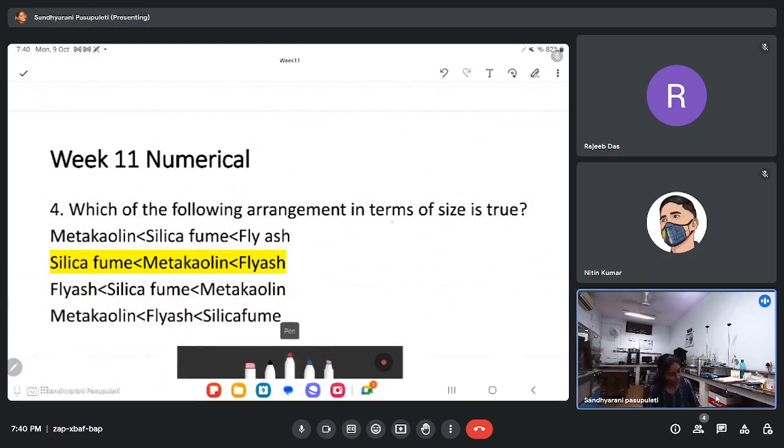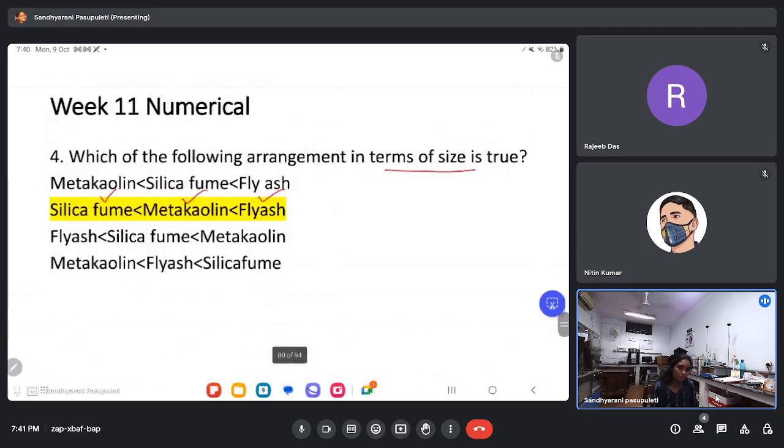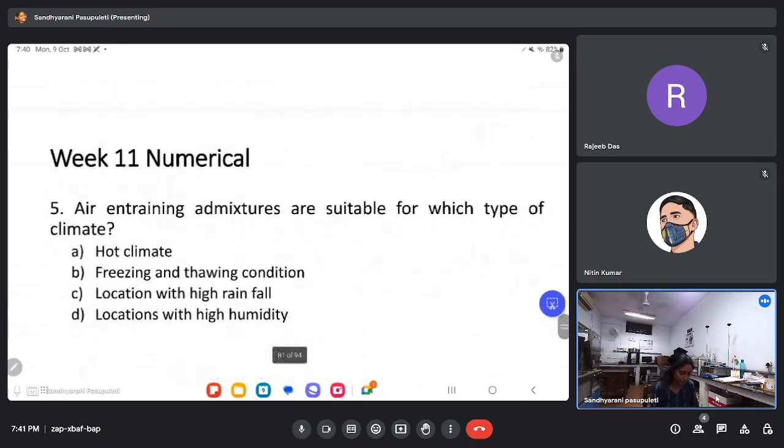Okay, they are asking in terms of size. That means smaller size means surface area is more. So silica fume is the smallest size. Then metakaolin is a bit larger, and fly ash is a bit larger. And if they also give cement, it will be a bit larger than these three.